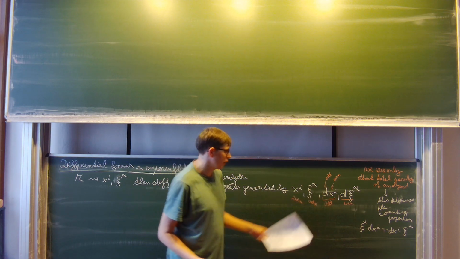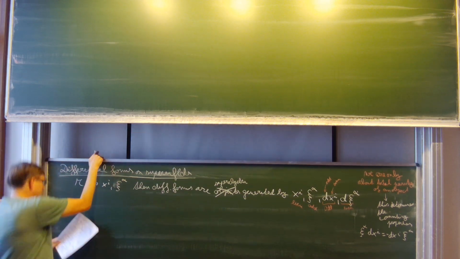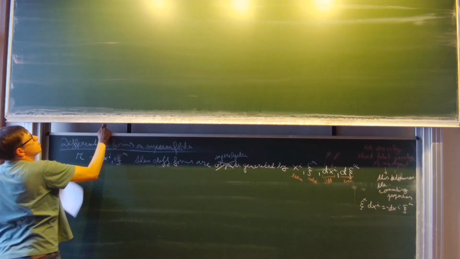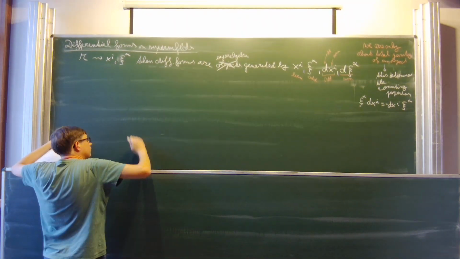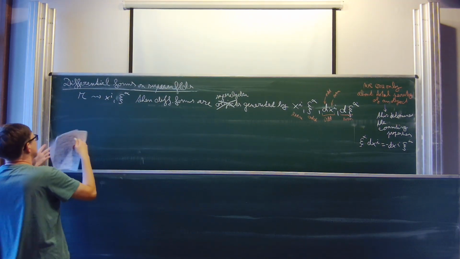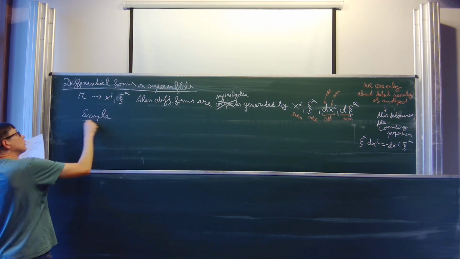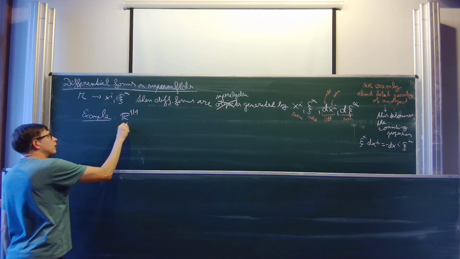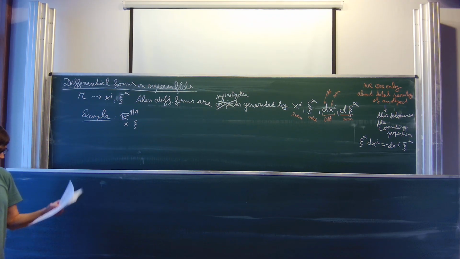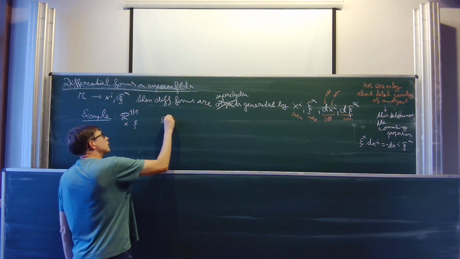Okay, and similarly, if you want to have dx's with dxi's, the usual example: you can take R^{1|1} and pick coordinates to be just x and xi. And then what do the differential forms look like? There will be zero forms.